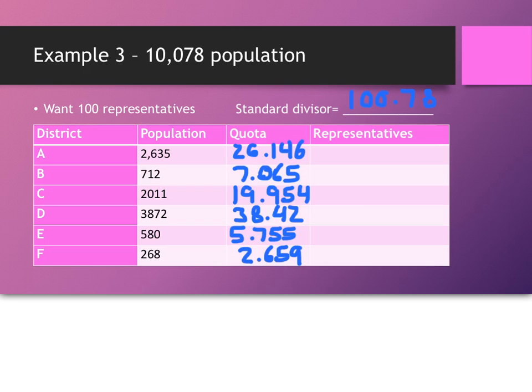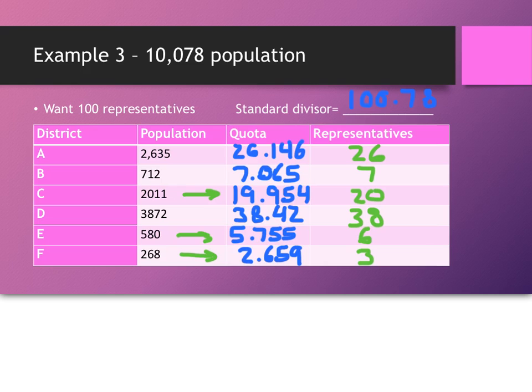And in this case, the 3 that we would add to, we'd add to C, we'd add to E, and we would add to F. So C would get 20, E would get 6, F would get 3, and everybody else would have their lower quota.